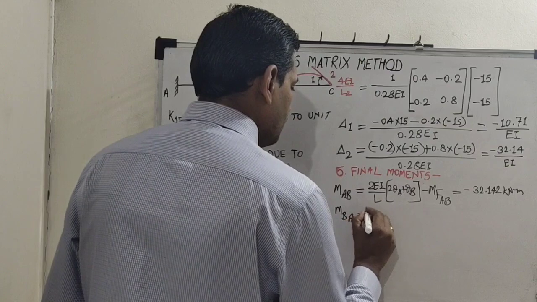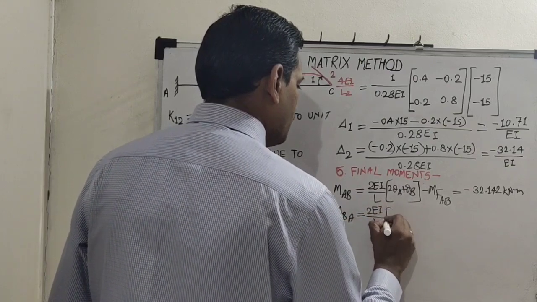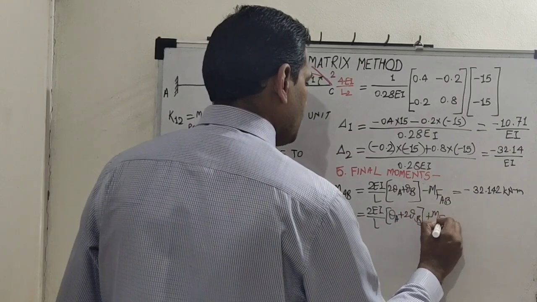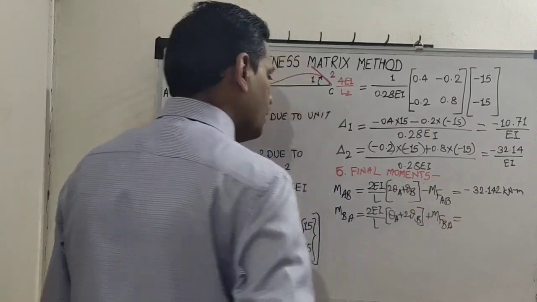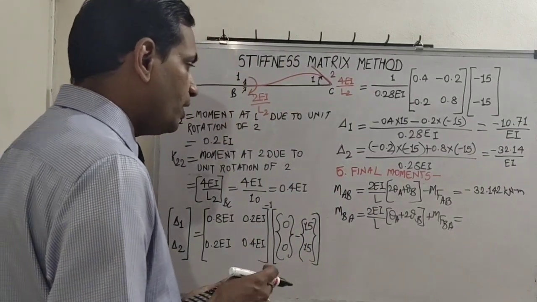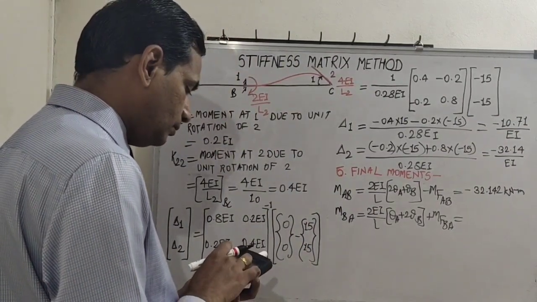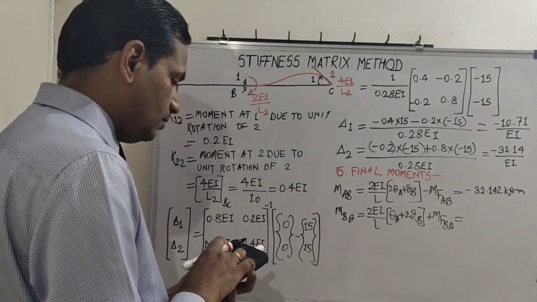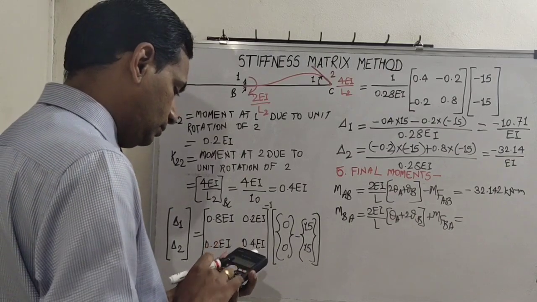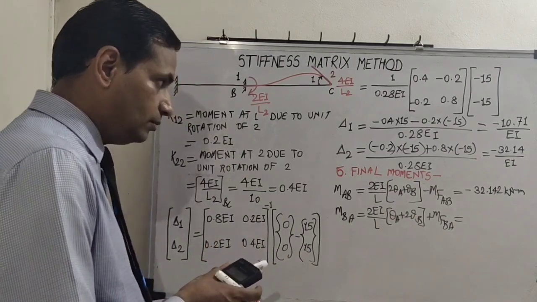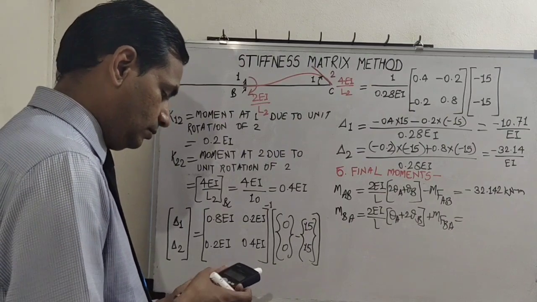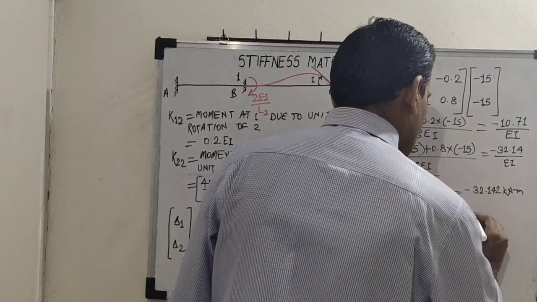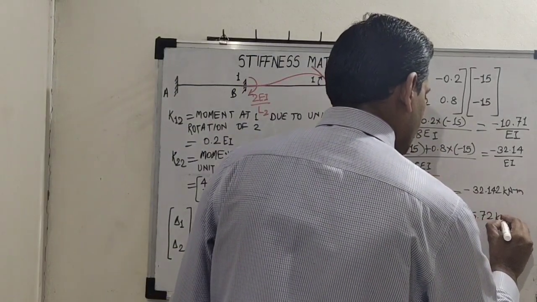Then MBA is 2EI by L into bracket theta A plus 2 theta B plus MFBA. Okay. So the answer is 25.72 kilonewton meter.